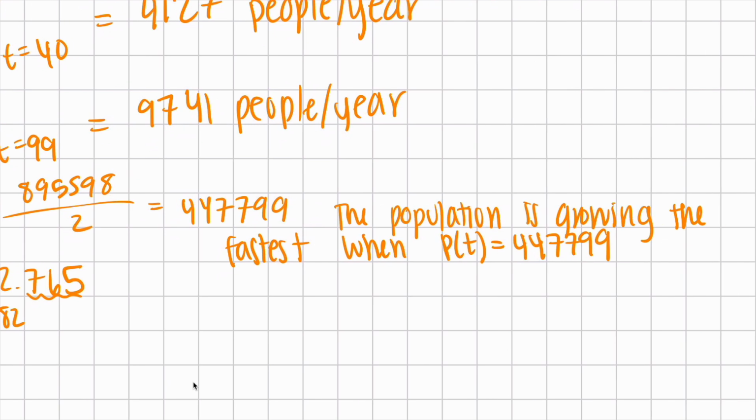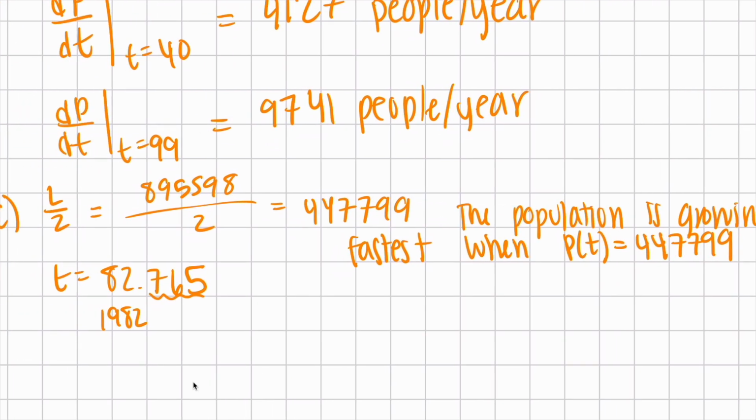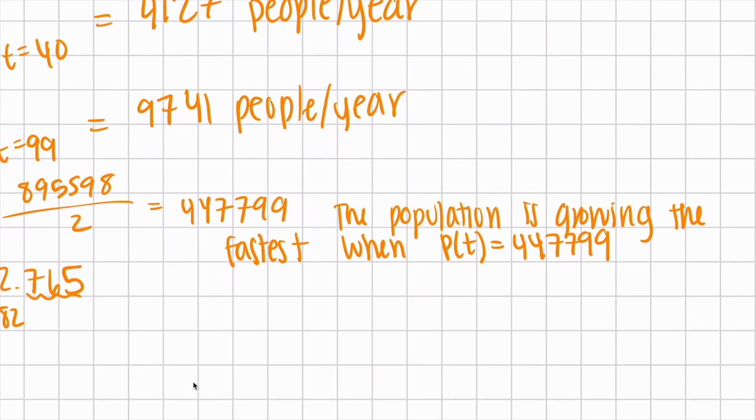So we can say we're in September of 1982. So I'm going to say the population is growing the fastest when the population is 447799, which is in September of 1982.